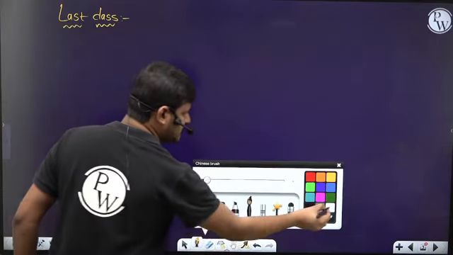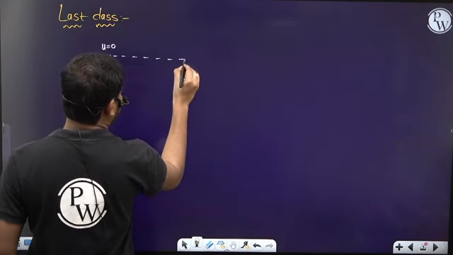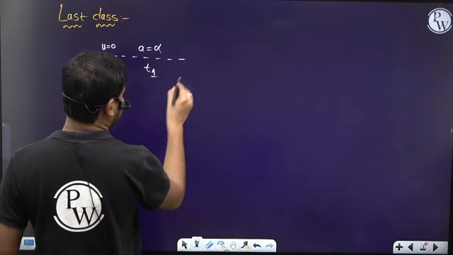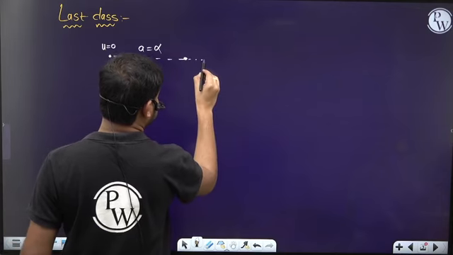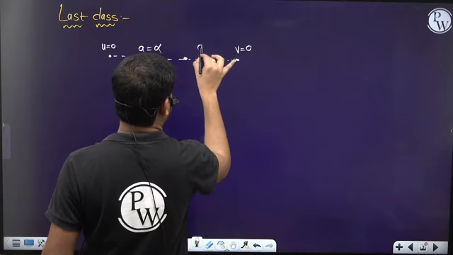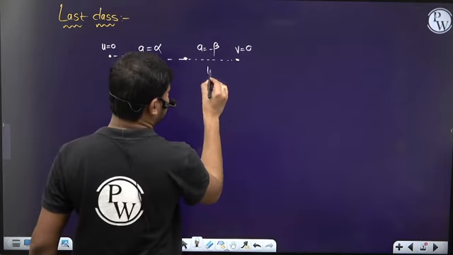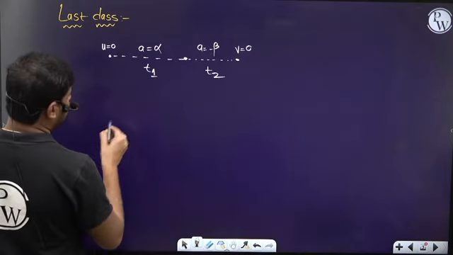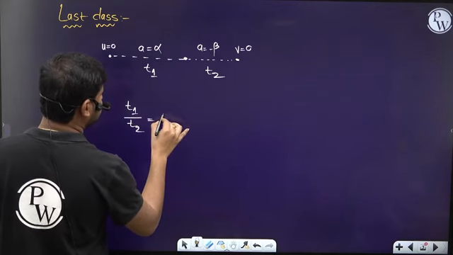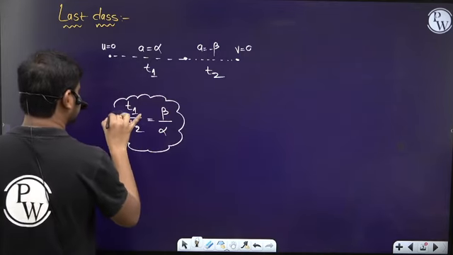First one: if a body starts from rest and accelerates for some time t1 with an acceleration alpha, and then from this point it starts decelerating and comes to rest, it decelerates at a rate beta, so acceleration is equal to minus beta, for a time t2. Then we found the ratio of t1 to t2, which is equal to beta by alpha. This is a standard result from the last class.